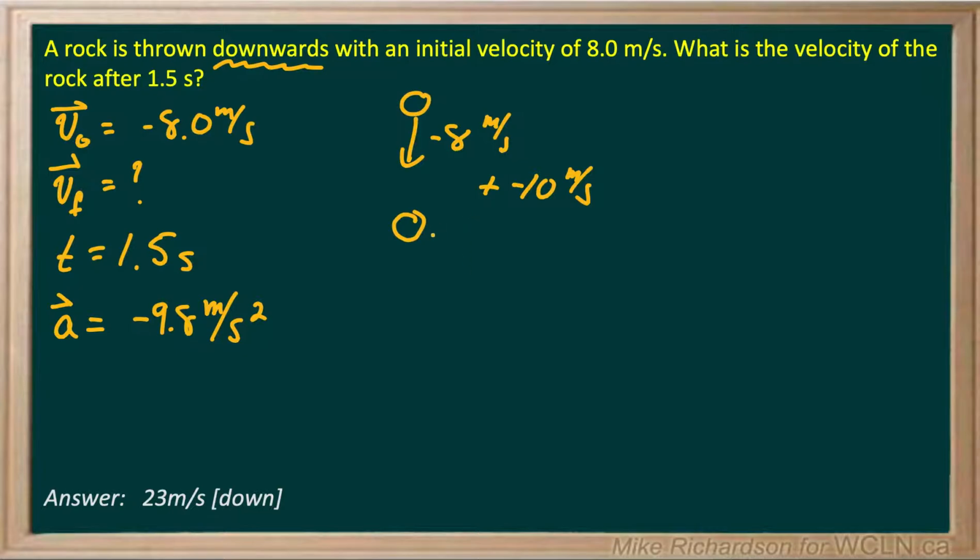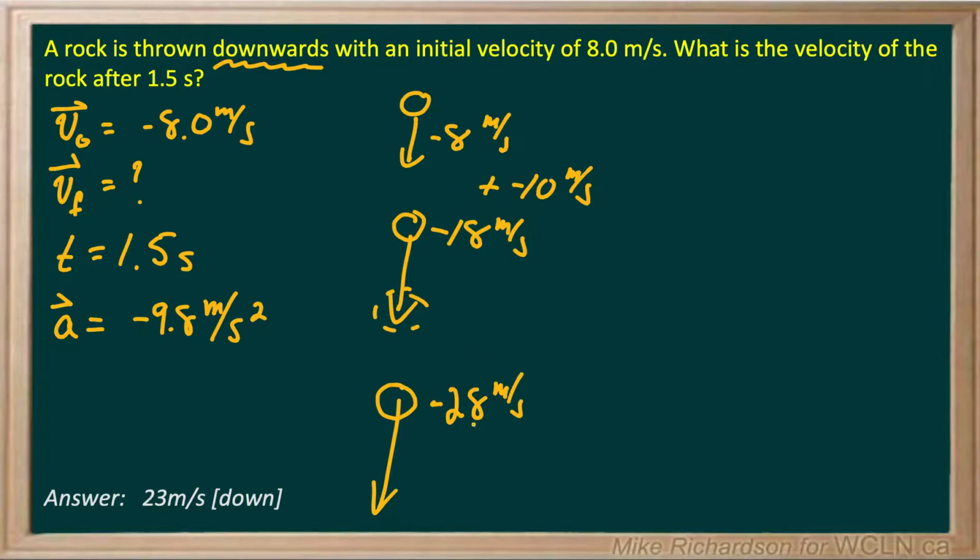So 1 second later, this object should be going negative 18 meters per second, quite a bit faster. 2 seconds later, I'd add another negative 10. So he'd be going negative 28 meters per second if he went the full 2 seconds. But he's somewhere in the middle of this. So somewhere between negative 18 and negative 28 should be my answer.